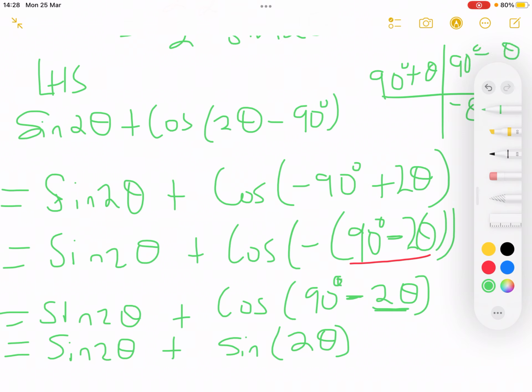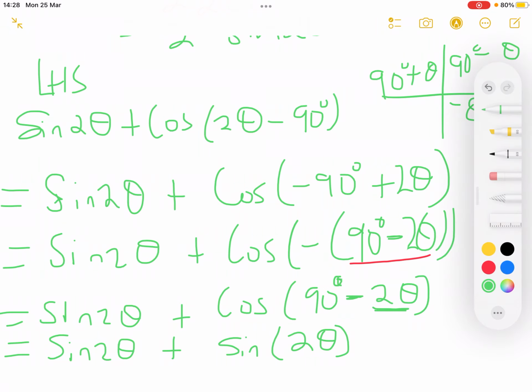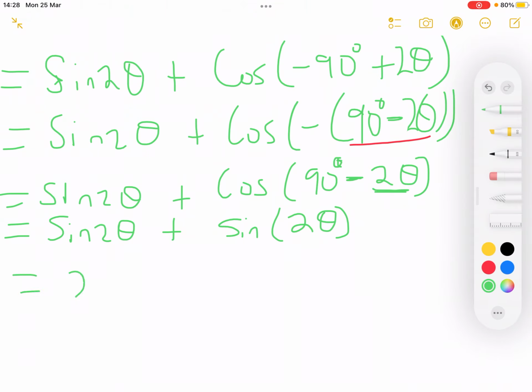In the first quadrant, the sign for cos is positive. So therefore you have sin 2 theta plus sin 2 theta, which is equal to 2 sin 2 theta, and that is equal to the right hand side.